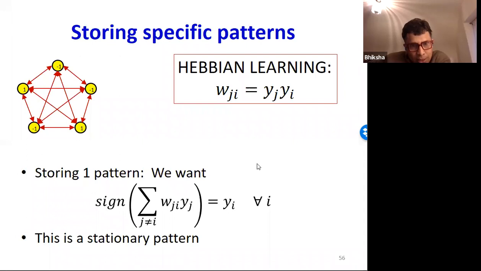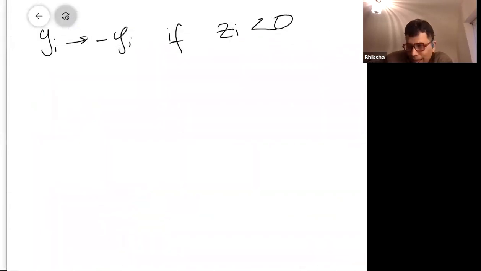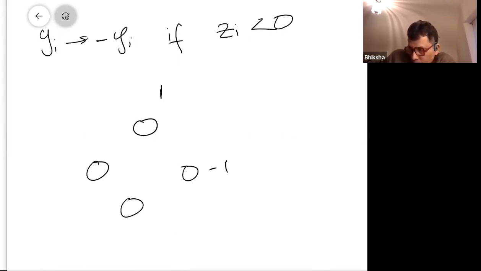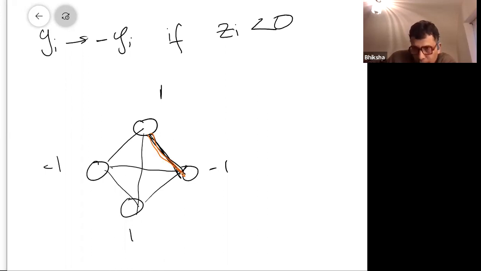And then we found that if I have a network, for example, a 4-bit pattern that I want to store, and I just say I want to store -1, 1, 1, -1, then we could use Hebbian learning to compute the weights. So in this example, what would this weight be according to what we had done in the last class? Anybody remember?